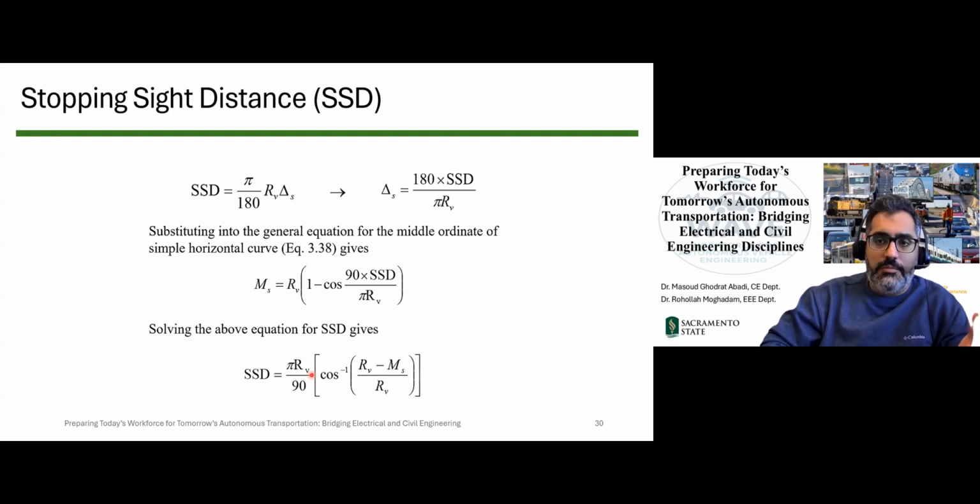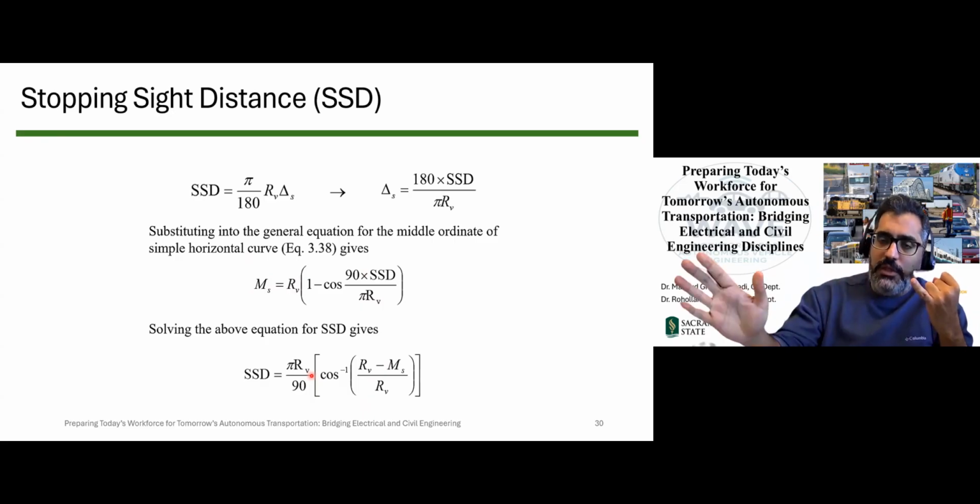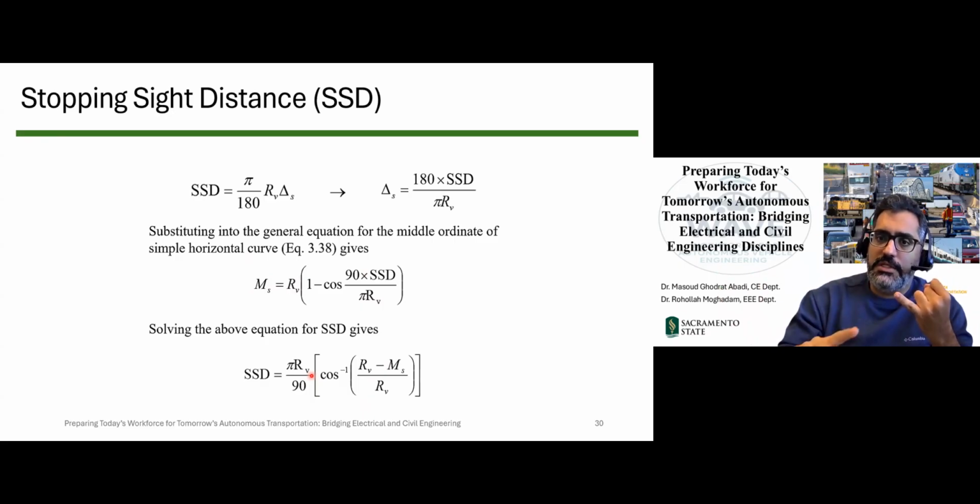And that something is, first of all, remove the obstructions. If you need to cut the hill, if you need to remove trees, billboards, buildings, do that. If that is not possible, then we have to lower the speed to make sure that we have a safe condition of transitioning on that horizontal curve.